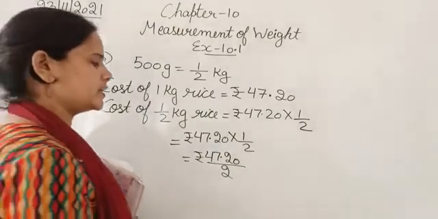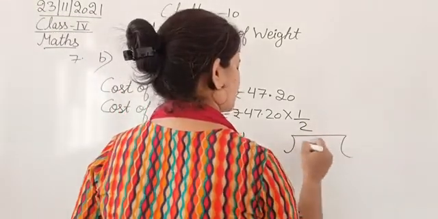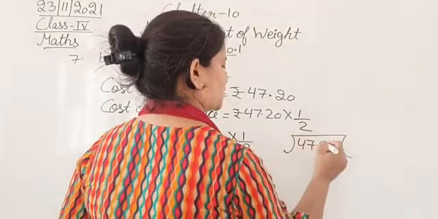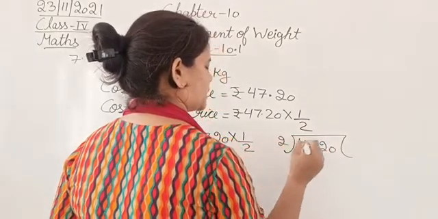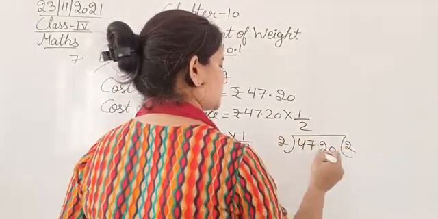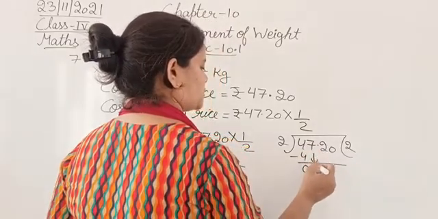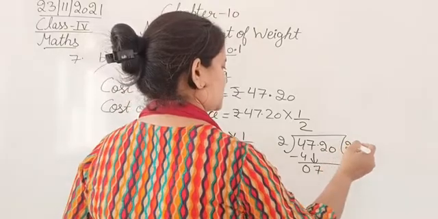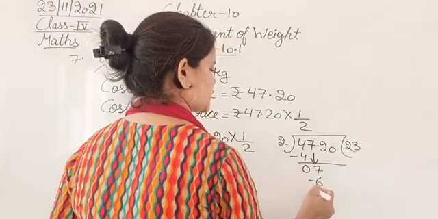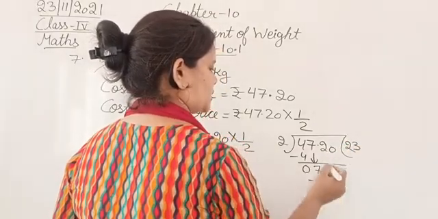Now simply divide 47 rupees 20 paisa by 2. 2 2s are 4, 4 minus 4, 0. Bring down 7. 2 3s are 6. 7 minus 6, 1.